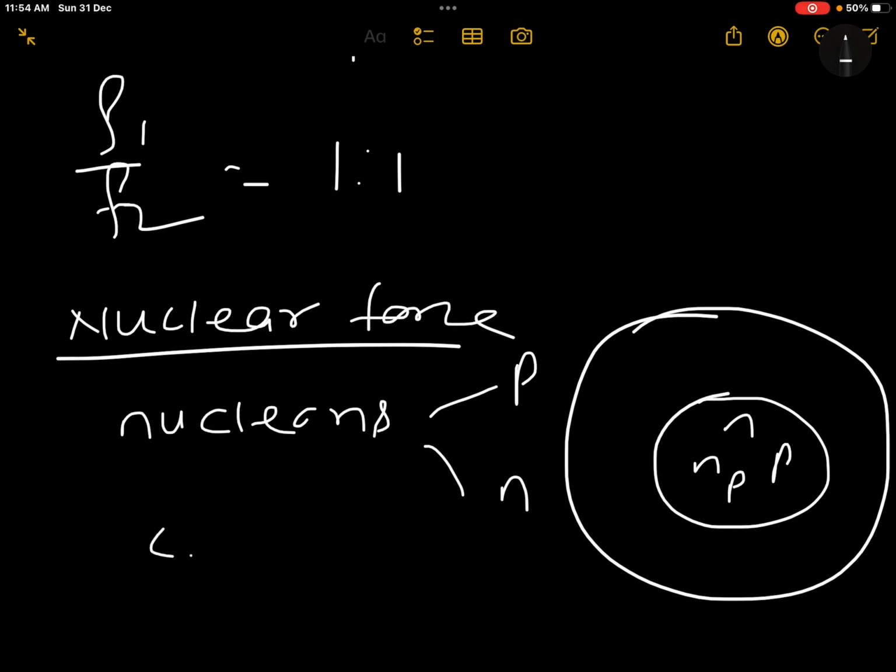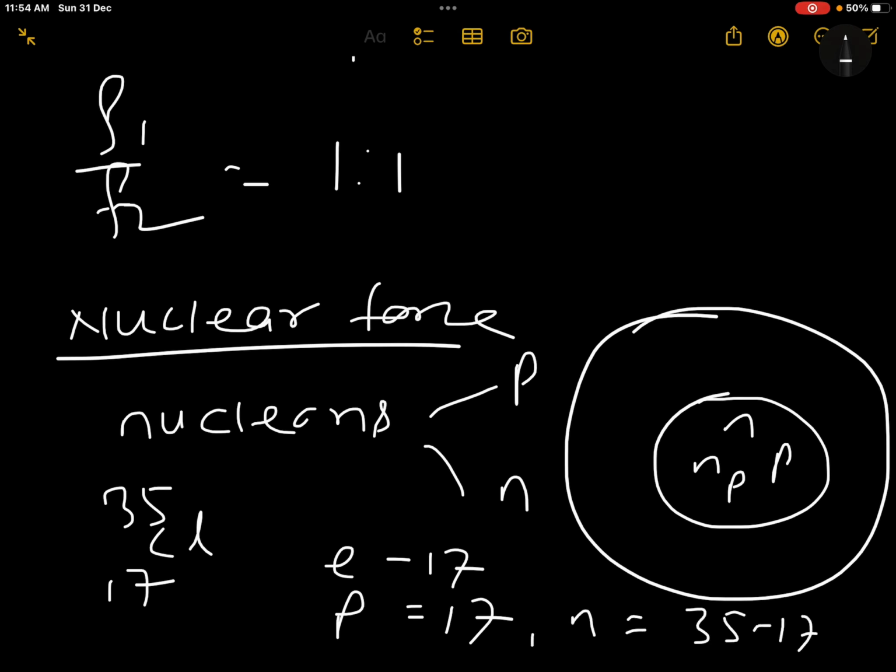If I say chlorine 17, 35, how many electrons are there? 17. How many protons? 17. And neutrons? 35 minus 17, that is 18. Nucleons, not neutrons. How many neutrons? 18. How many nucleons? 35.